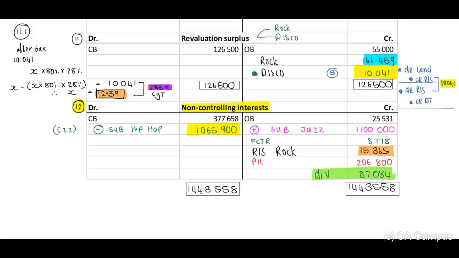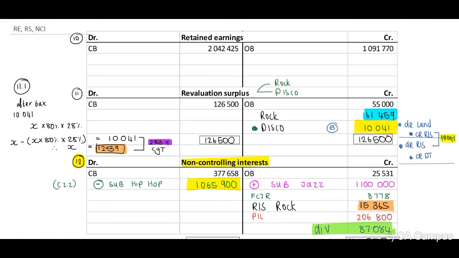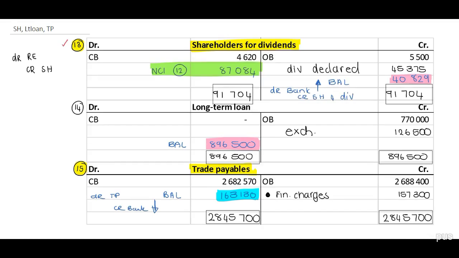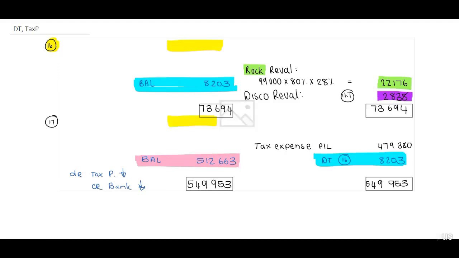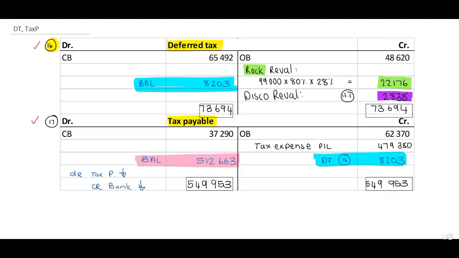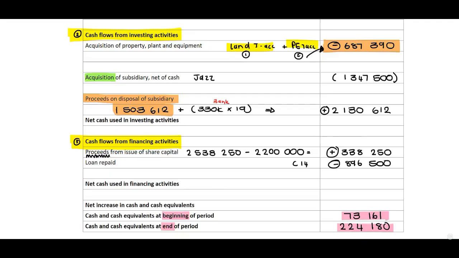I know that. But at that point in time, it was easier to just transfer the information compared to coming back to it, right? Retained earnings, I did not need this. Why? Because they've provided me with the dividends declared. If they did not provide the dividends declared, then I had to reconcile my retained earnings. Revaluation surplus, I did need this because it related to land, but I've completed this. NCI, I've transferred. Shareholders for dividends, I've transferred, long-term loan transferred, trade payables transferred, and then my deferred tax and tax payable. Right, we have answered the question.